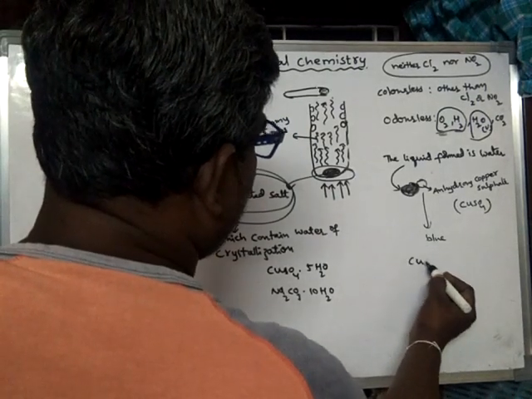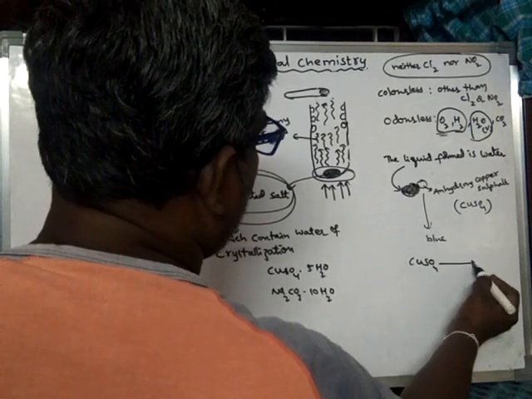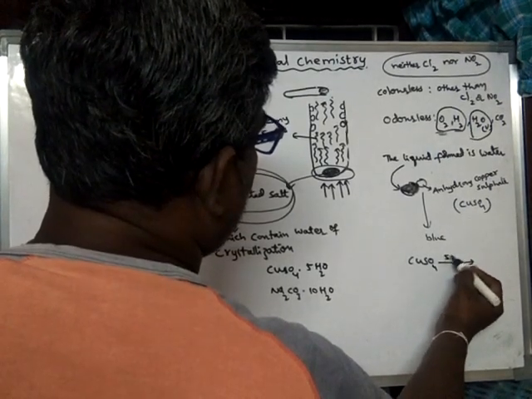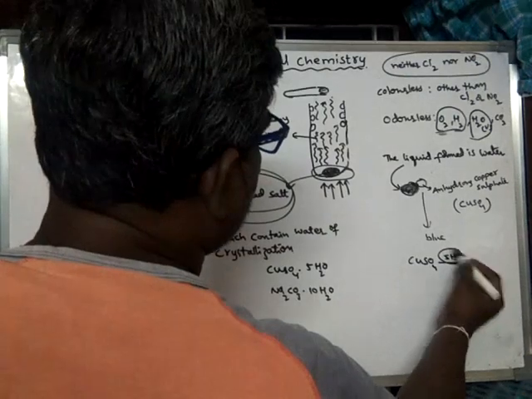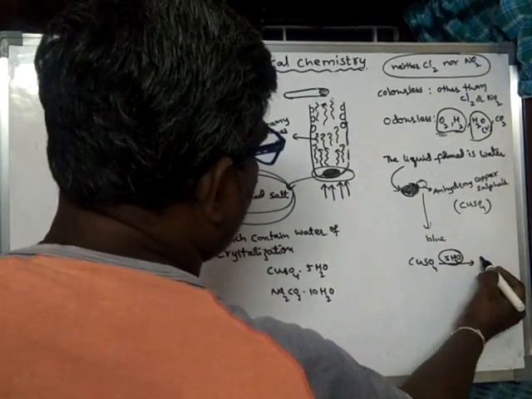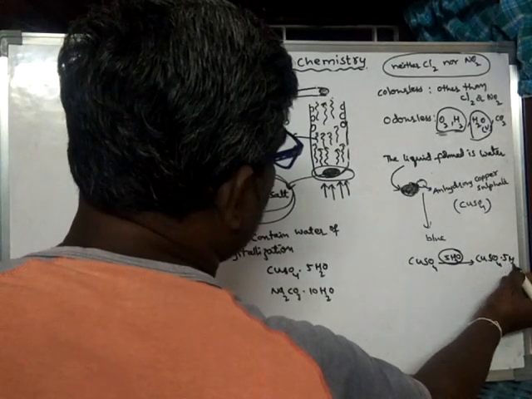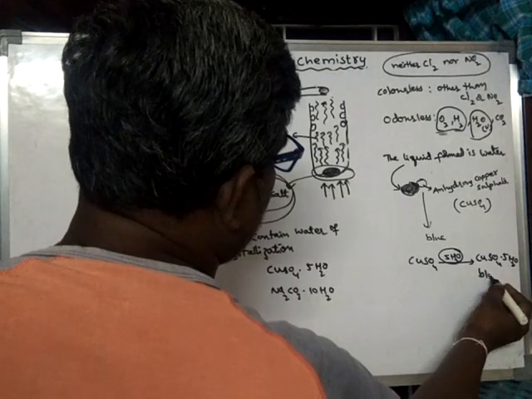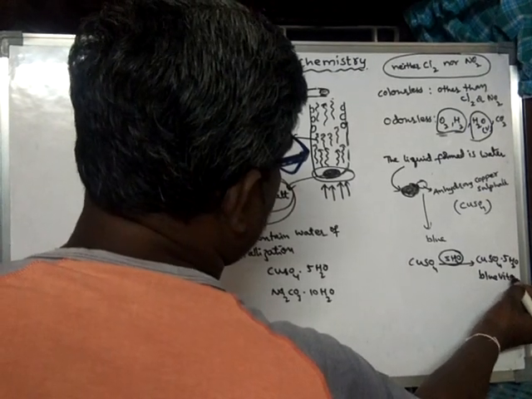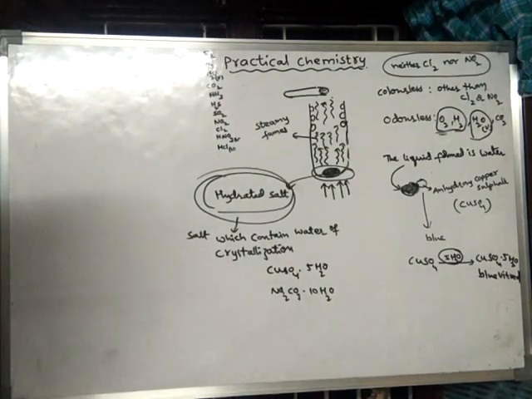Because anhydrous copper sulfate will absorb moisture from this liquid, and finally convert into CuSO4.5H2O. This is blue in color, and we call it blue vitriol.